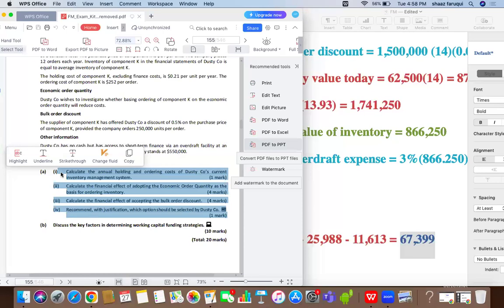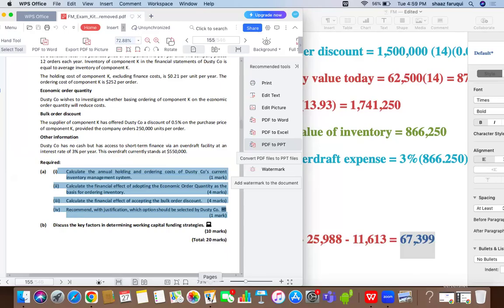The next part, which is 10 marks, is a discuss question, and this is where a lot of FM students lose marks. FM and PM students believe, okay, AA, it's completely theory, so they have no other choice but to write and explain.